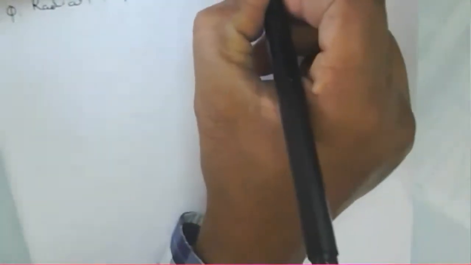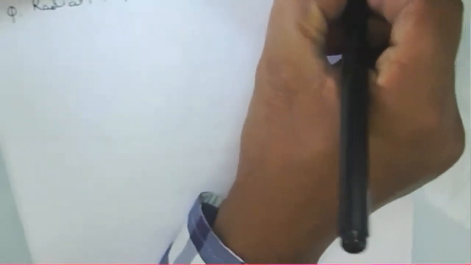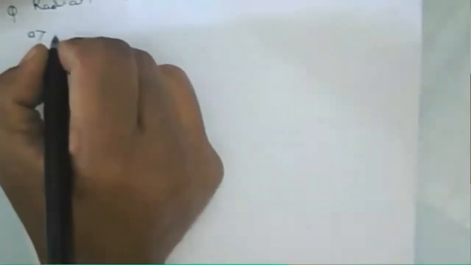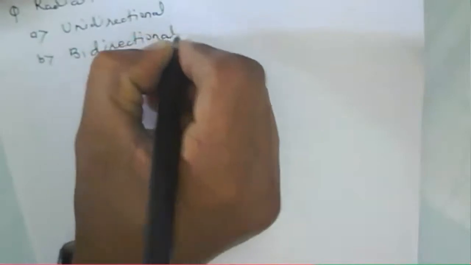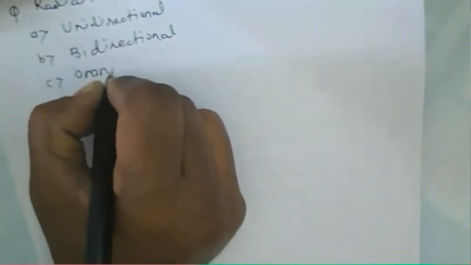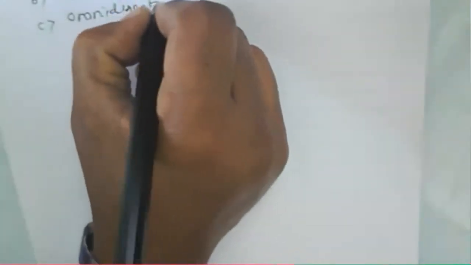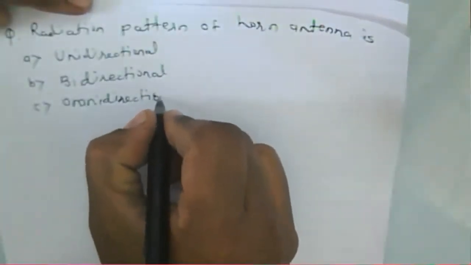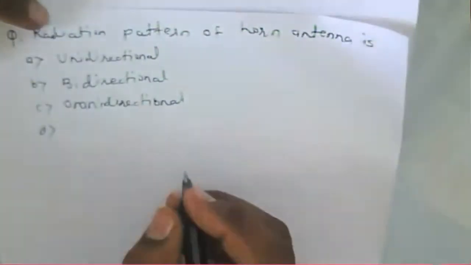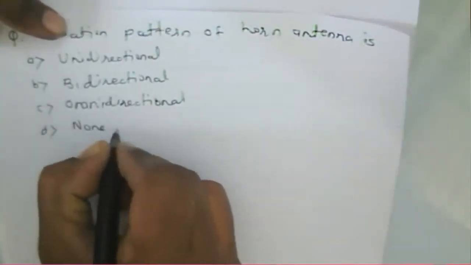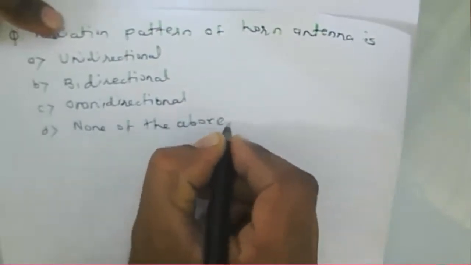Next, the radiation pattern of a horn antenna is: A, unidirectional; B, bidirectional; C, omnidirectional; D, none of the above.